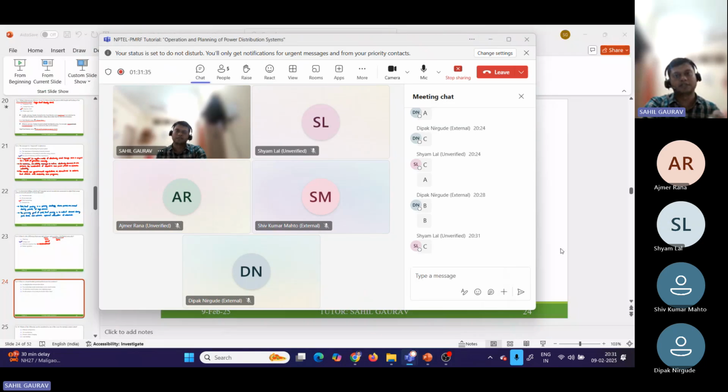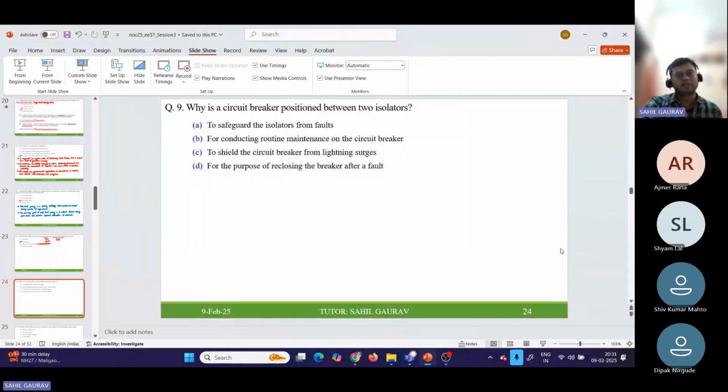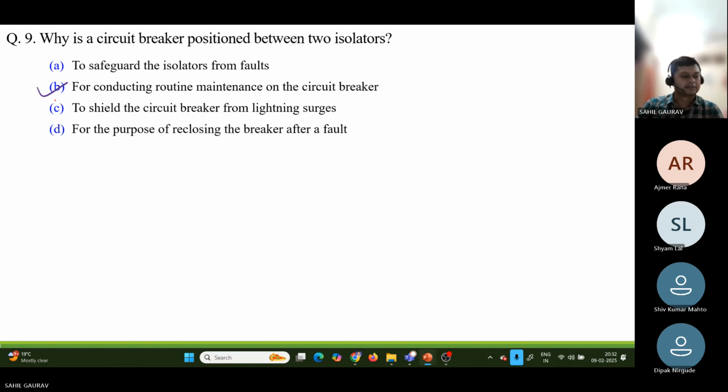Syam is saying C, Deepak is saying B. Deepak, you are correct, for conducting routine maintenance on the circuit breakers. So B option is correct. In this problem they are asking about the isolator, not the function of the circuit breaker.